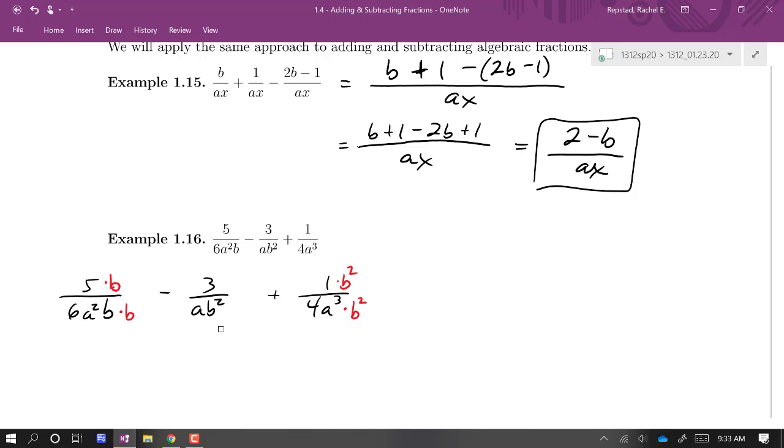So the middle fraction and the last one both need another a. Oh no, sorry, I noticed the cube. So the middle fraction needs an a to be multiplied by a squared, right, to get up to the a cubed that we have here. Yep. And then the first fraction needs to be multiplied by a. Yep, so just by a. Good. What else?